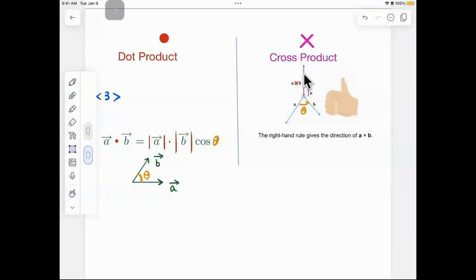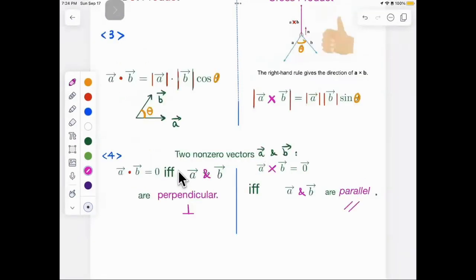For cross product, the right-hand rule gives the direction of A cross B. And if theta is the angle between these two vectors, then the magnitude of this cross product is equal to the product of the magnitude of A and the magnitude of B times sine of theta.